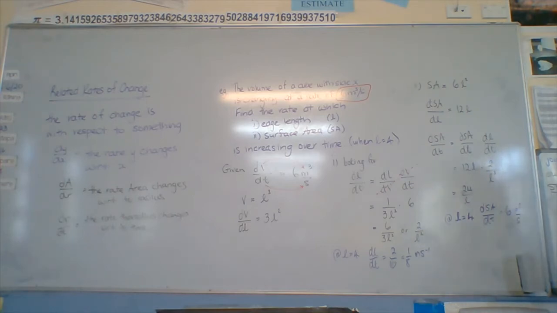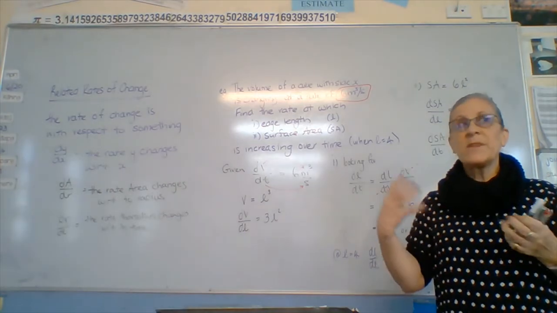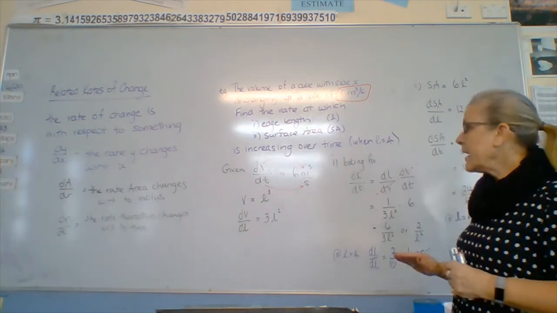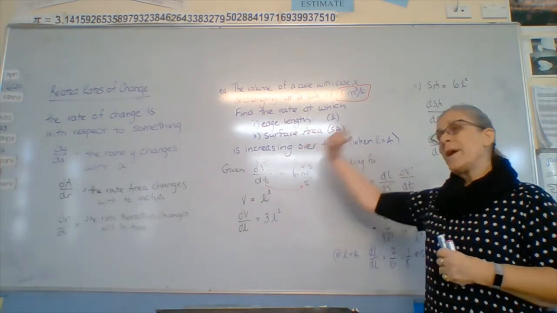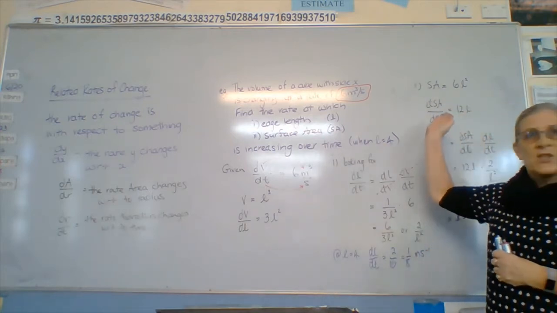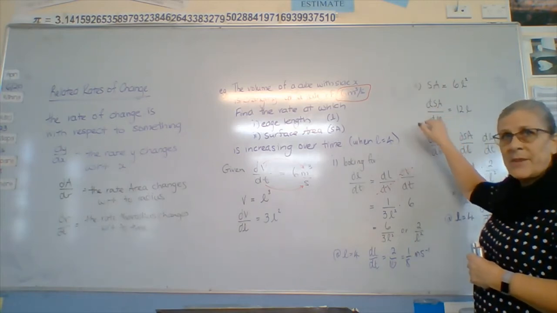So what is this actually telling us? All right, we are trying to find out how much something is changing at a relative spot in time. We could have also been asked here to find the surface area when L is something. That would have been easier. We would have just gone into here. So that's the sort of questions we were doing yesterday: just differentiate once and stick something in.